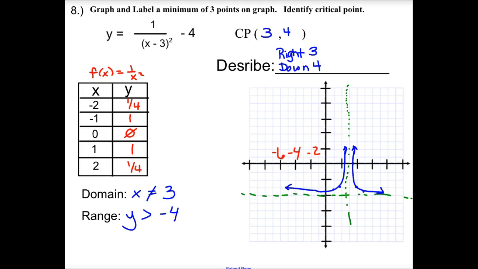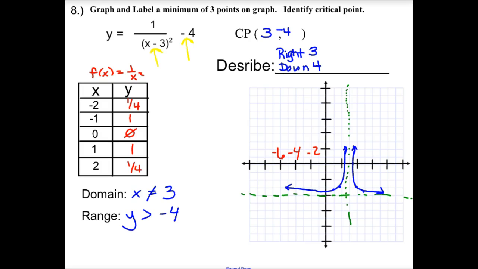Next, we have our inverse function, our 1/x. On this one, all we have is a shift, so I only use the parent function t-chart. So my first shift is right 3, so the x value for my critical point is +3, and then down 4, so the y value of my critical point should be a -4, which is correct on the graph.